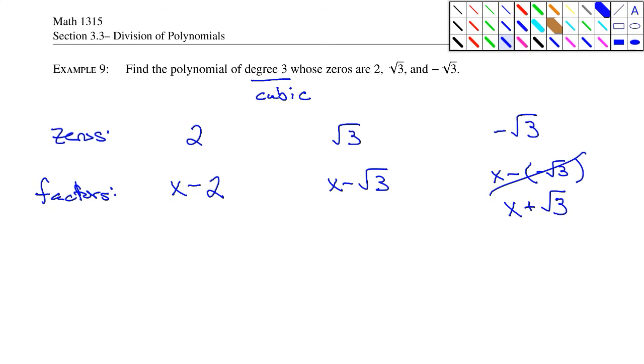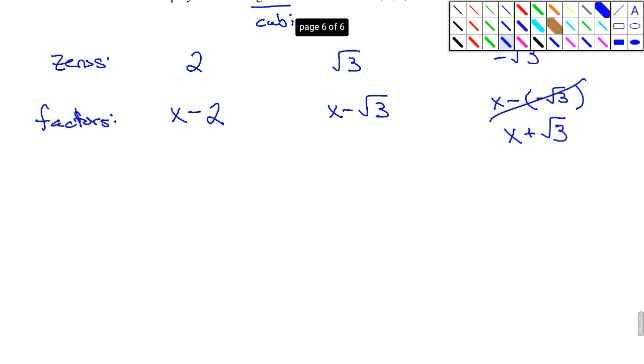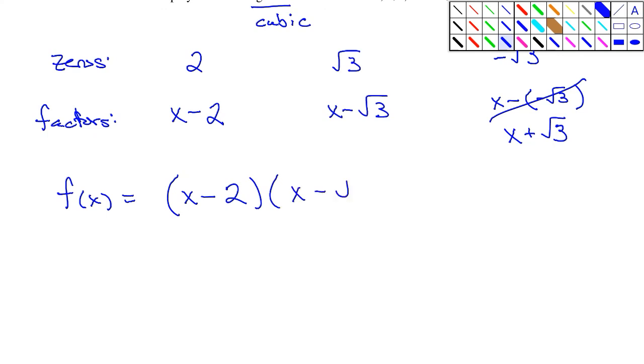And then to find a polynomial that has these as factors, all I have to do is multiply them all together. So let's say that f of x is equal to x minus 2 times x minus the square root of 3 times x plus the square root of 3.